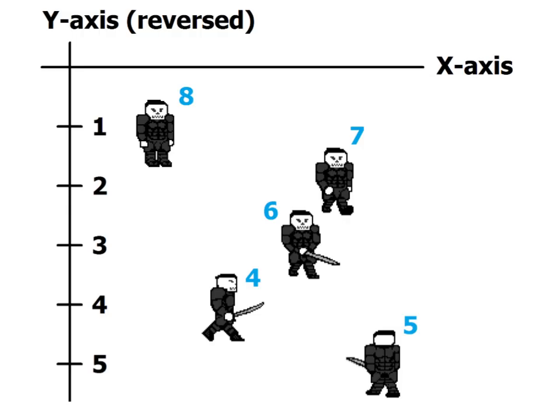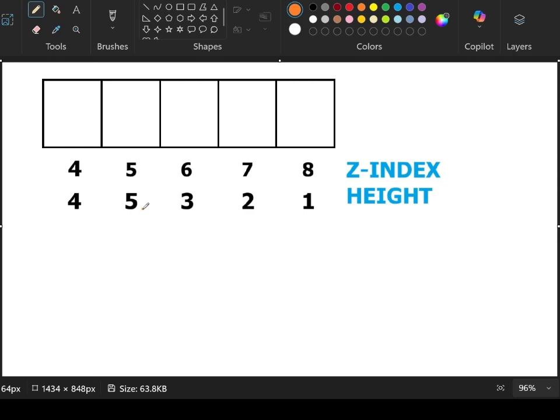So the way to sort it is to first go from the first character. In this case, I am looking at the one on the leftmost side, and then we check the next character, and here it says that the z index is 5, so it should be above it, and the height is at position 5 in the y coordinate system.